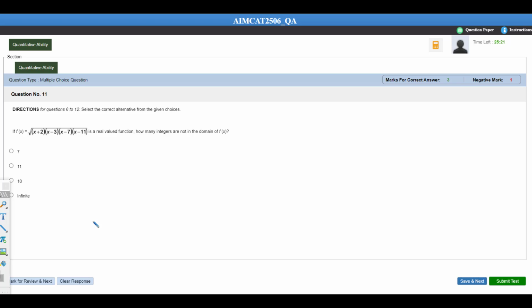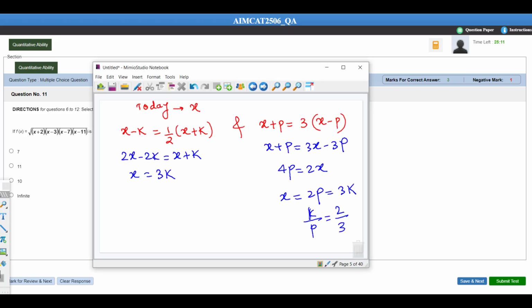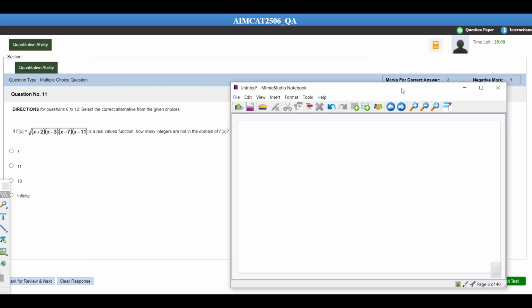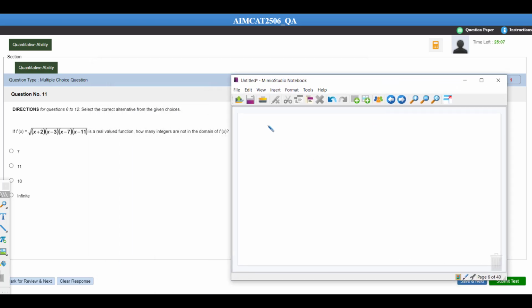Over here, f of x is equal to under root, this is a real valued function. How many integers are not in the domain of f of x? Okay, easy question. Look at domain we need to find. So over here domain is nothing but the set of inputs, set of values of x. The only condition over here is under square root.